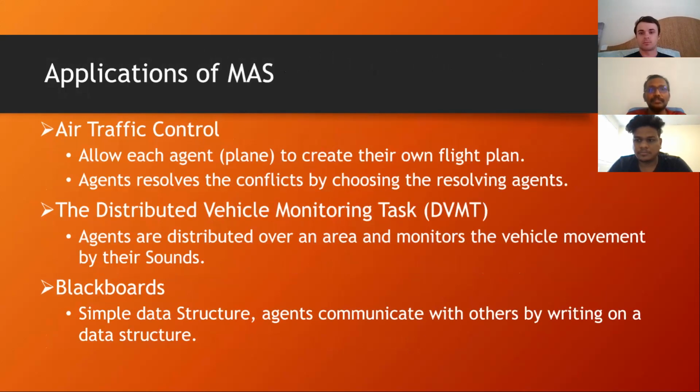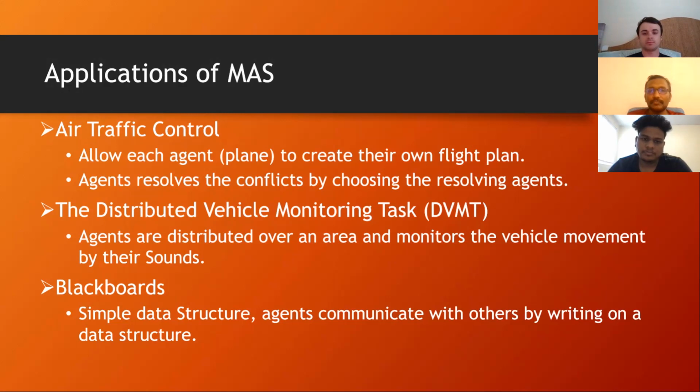The basic applications of MAS, in the initial days, were air traffic control, where the multi-agents create different plans for different flights. For example, if a plane needs a flight plan, it has to consider the timings, and it should coordinate with the other agents planning for other flights, including the landing, the distance to travel, and the safe distance between any two flights.